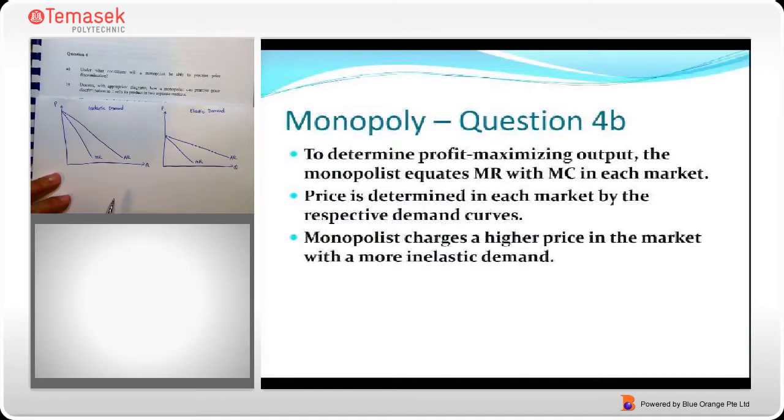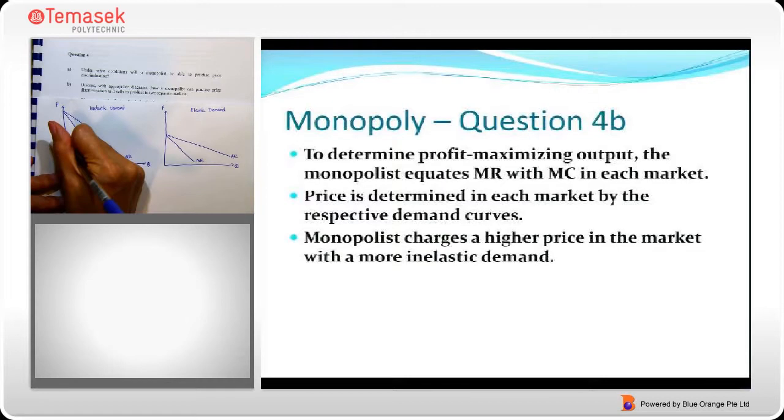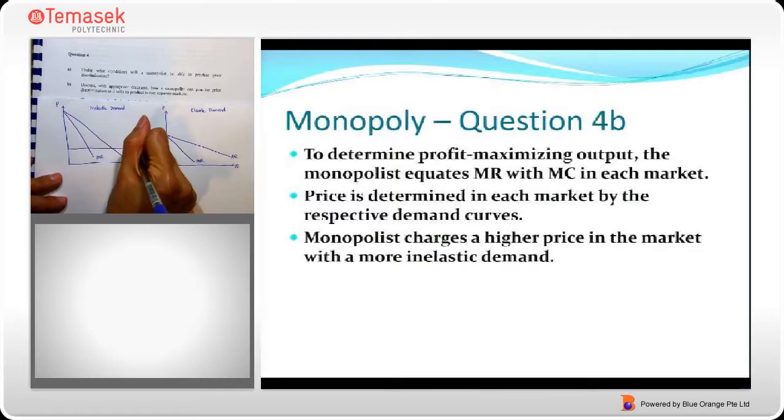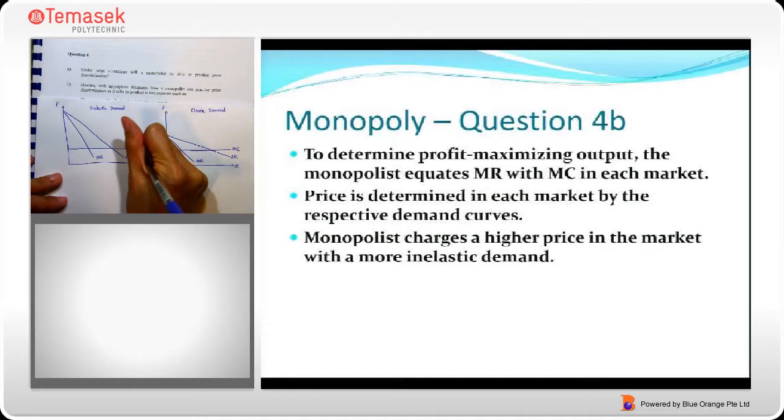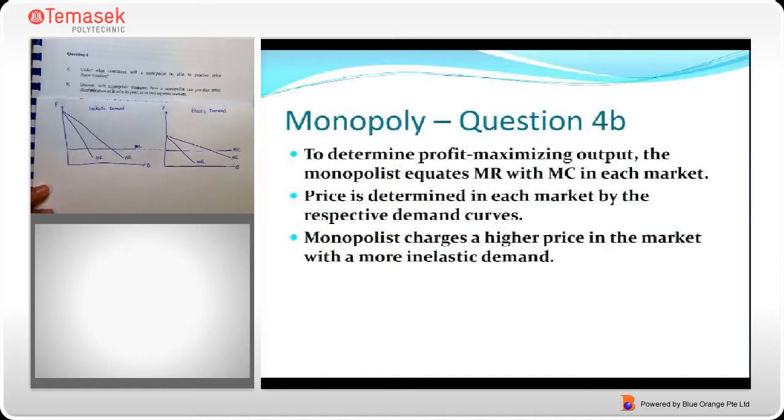Because the product is the same, for example with a cinema ticket, the cost of producing a cinema ticket to sell is the same whether demand is inelastic or elastic, and that's the reason why we draw our MC as a horizontal straight line for both markets. So marginal cost is the same for both markets, and that's why we draw it as a horizontal straight line.